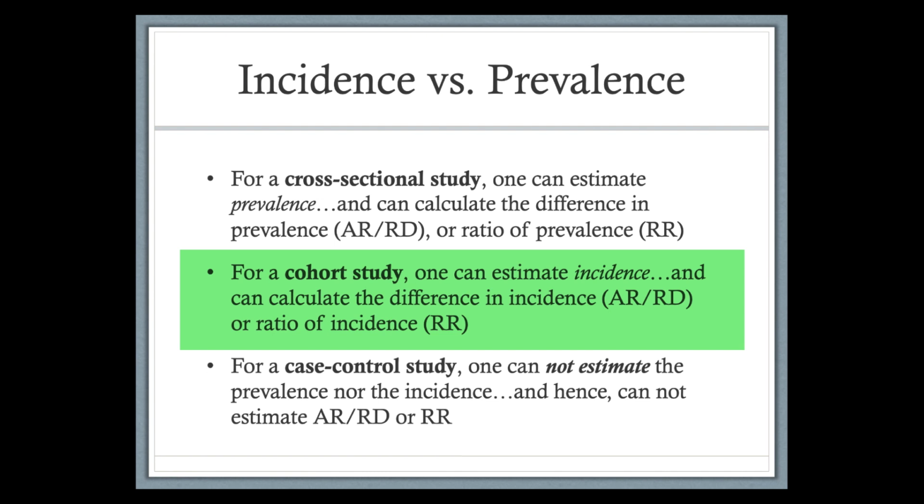The attributable risk would be what's the incident rate of disease for exposed minus the incident rate of disease for unexposed. Or we can take the ratio of those two. What's the incidence, right? And this would be the RR. What's the incidence of disease for exposed divided by the incidence of disease for unexposed?